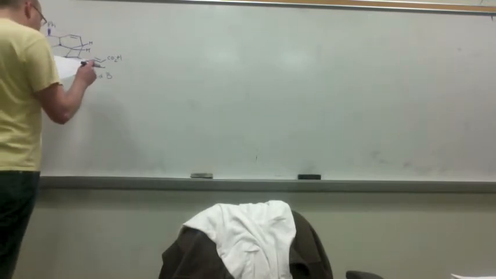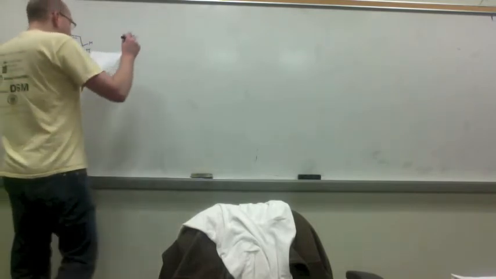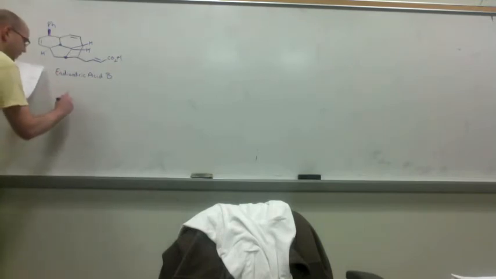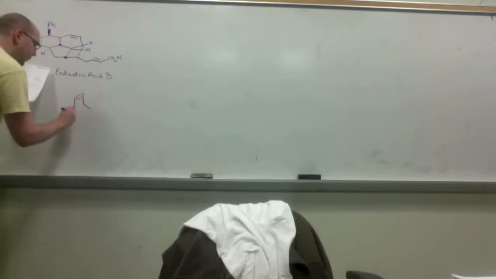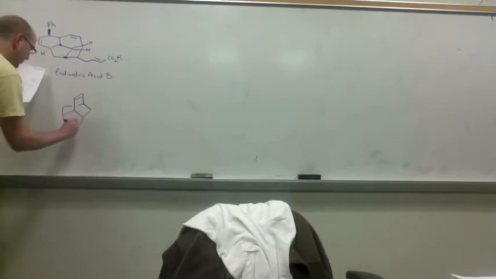And I'll show you another member of the Endiandric acids that is slightly different structurally. This is going to be Endiandric acid C. There's a whole class of these, but for the points I want to make here, we're going to focus just on these two molecules specifically.